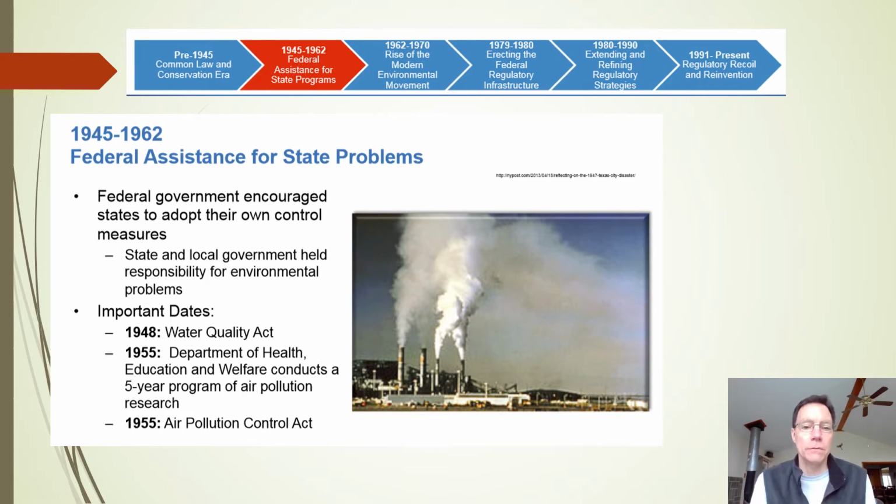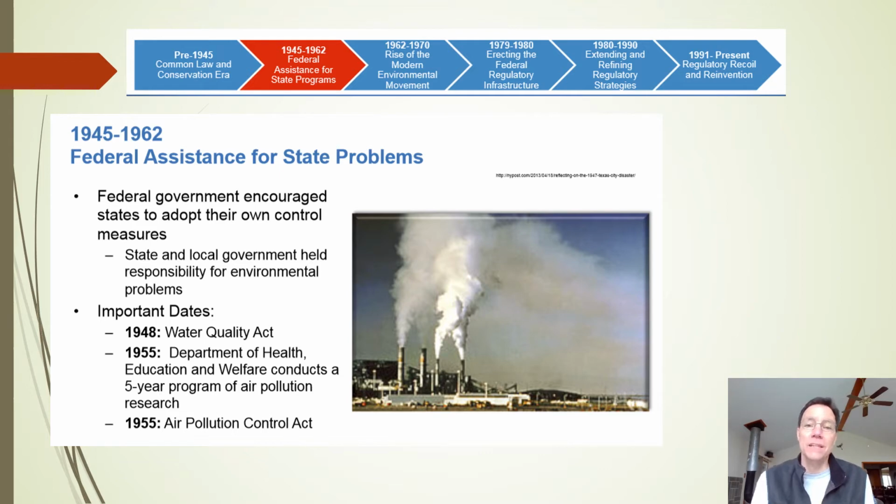So the federal government saw its role as encouraging states to develop their own standards. For example, for water quality, State of Ohio, you should develop your own water quality standards. State of Illinois, you should develop your own. And by the way, states, it's your job to fund these and enforce them. But they were really just suggestions from the federal government. There was no mandate and no enforcement from the federal government.